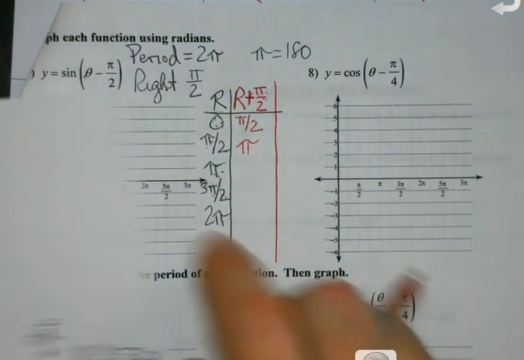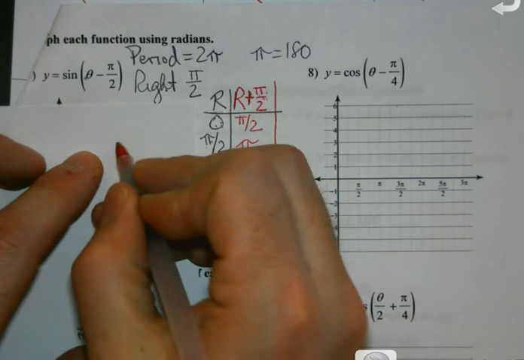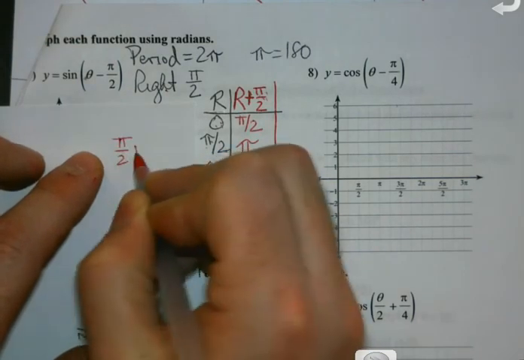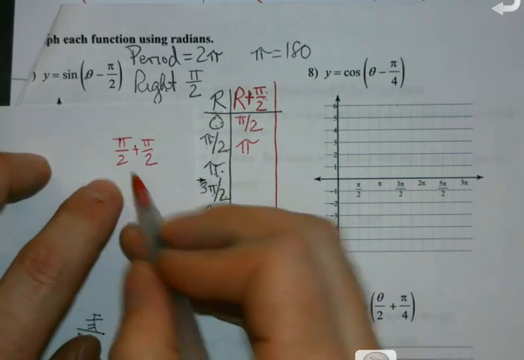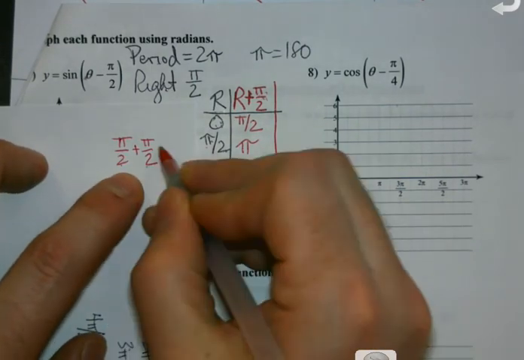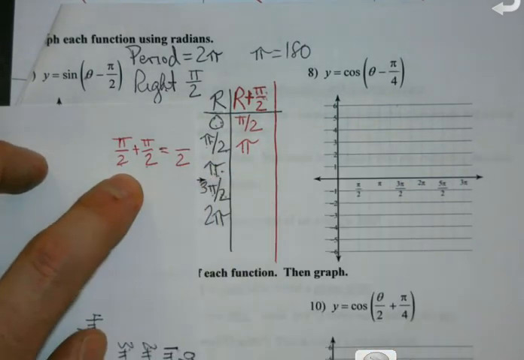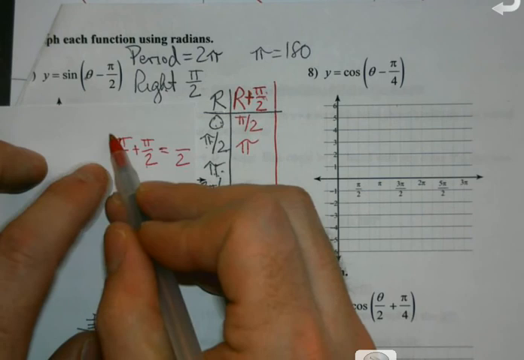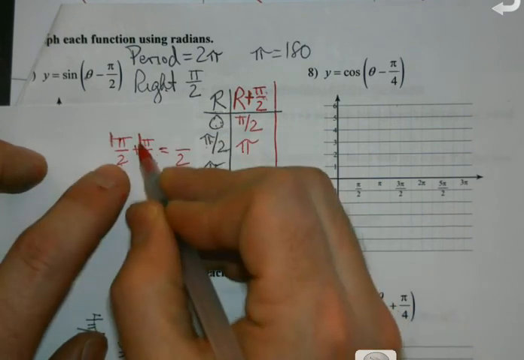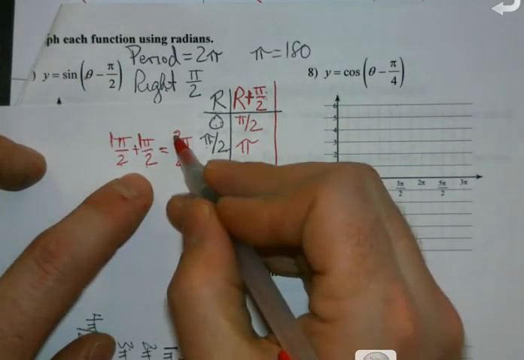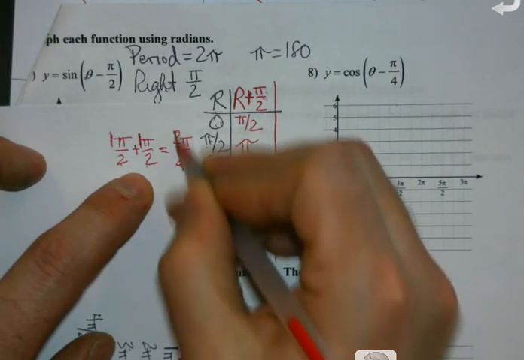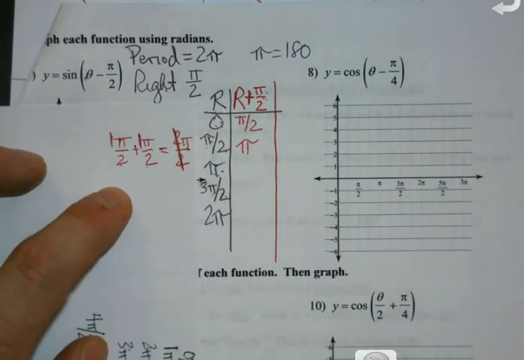If I have pi over 2 plus pi over 2, think of it like you would a fraction. I have a common denominator, so the denominator stays the same. 1 pi plus another 1 pi is 2 pi, and 2 pi over 2, the 2's cancel, and I'm just left with 1. It's like working with a regular fraction.